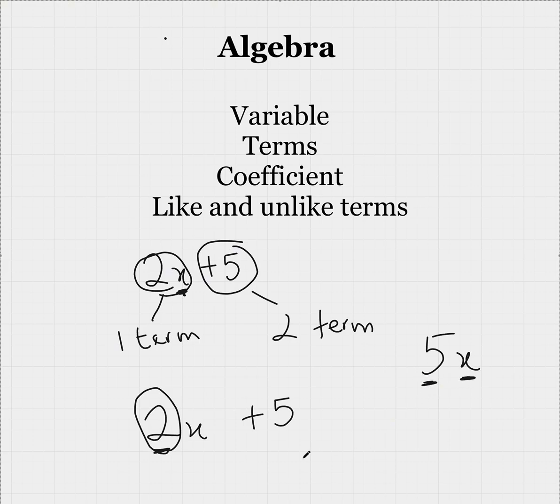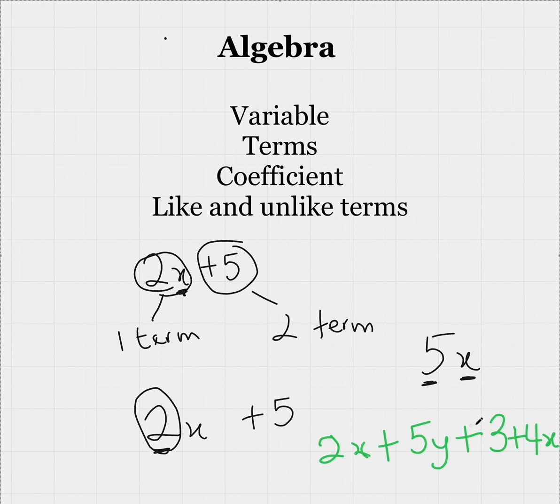The last word we're going to look at is like and unlike terms. Let's use the example 2x plus 5y plus 3 plus 4x. In this example, if you are asked to group the like terms, all you have to do is just look through it.